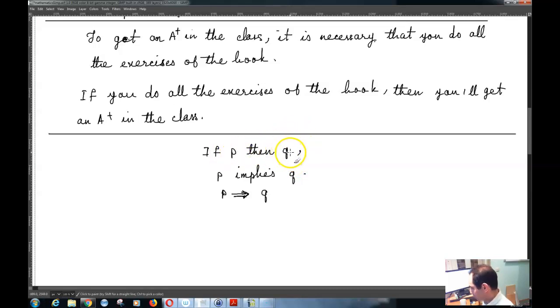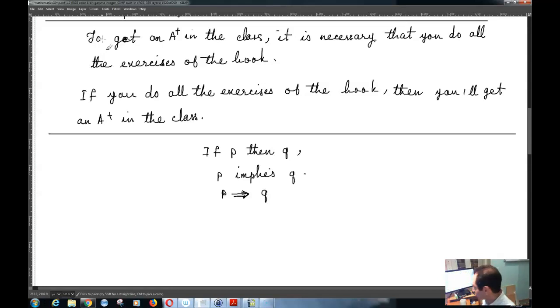So over here, the same concept: you will get an A in the class only if you do all the exercises in the book. Well, to me that's two different things.